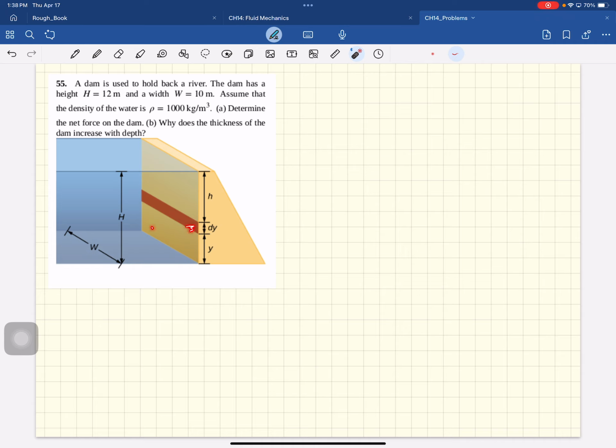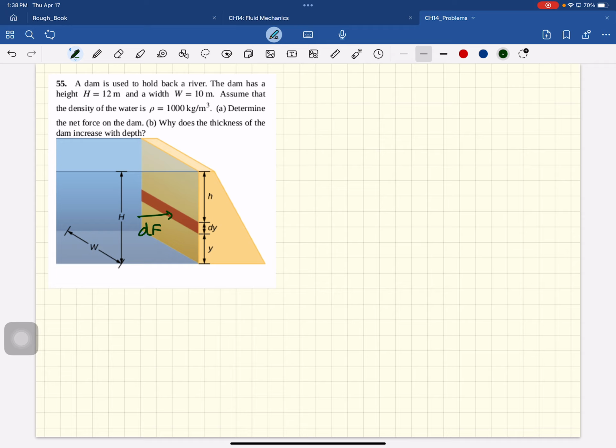Because the force on this strip is greater than the force on this strip, and so you have to have a greater wall thickness. Okay. So we'll find the net force on the dam. So we'll call this force dF.